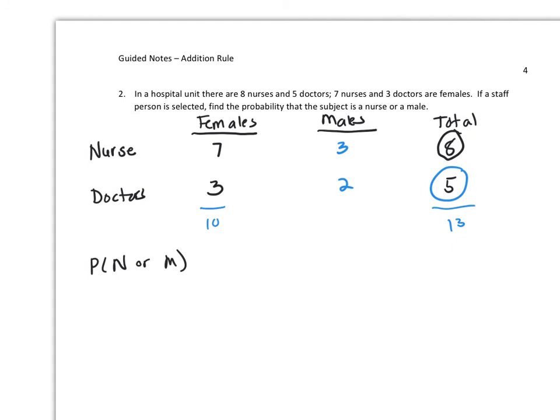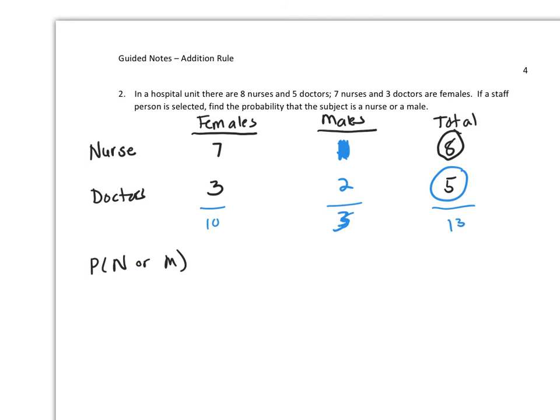You got 10 females and 5 male. Oops, is that right? I've messed up somewhere. Oh, this has to be a 1. 7 plus 1 is 8. So 1 plus 2 is 3. Now see how that was a good check?